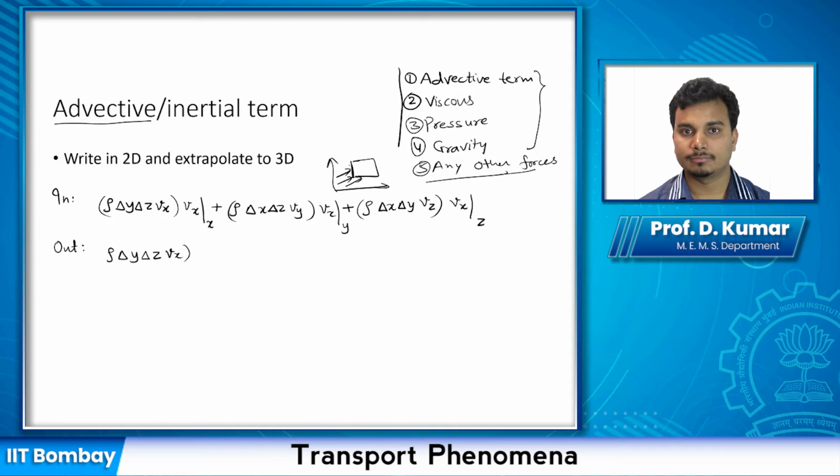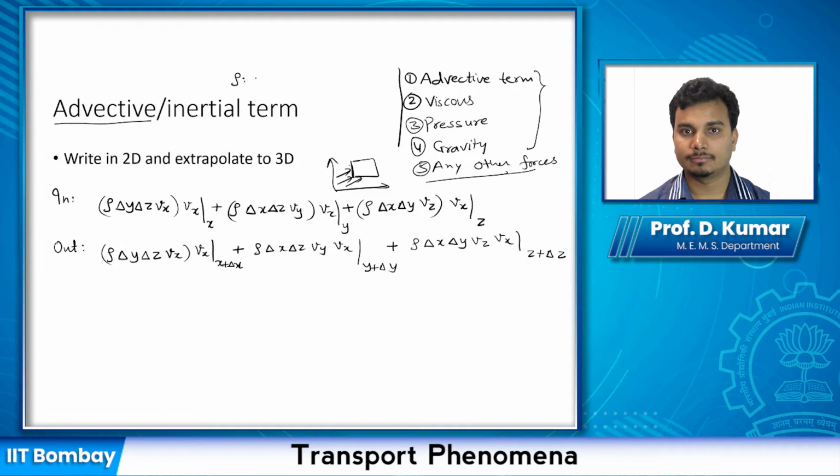So that will be vx at x plus delta x, and then so on, right? So rho vy vx at y plus delta y, and rho vz vx at z plus delta z.